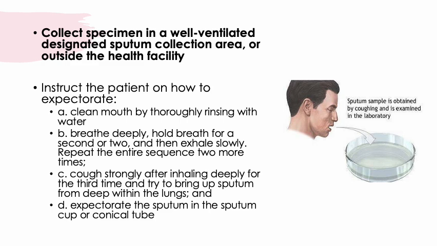Because your bacteria can aerosolize or be airborne. So your Mycobacterium tuberculosis can go with the air and be transmitted over a longer distance to other patients. That's why it needs to be a well-ventilated and designated room for collection. So usually it is outside the health facility.